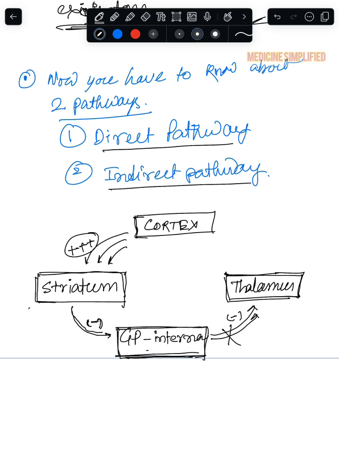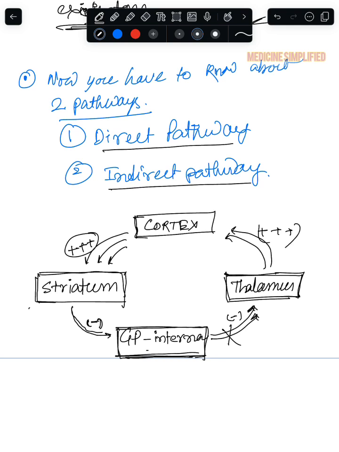So when the globus pallidus interna gets inhibited, it cannot exert further its inhibitory action on the thalamus. So the thalamus remains excitatory and it exerts stimulatory effects on the cortex.